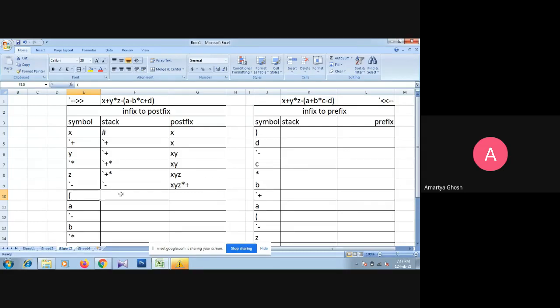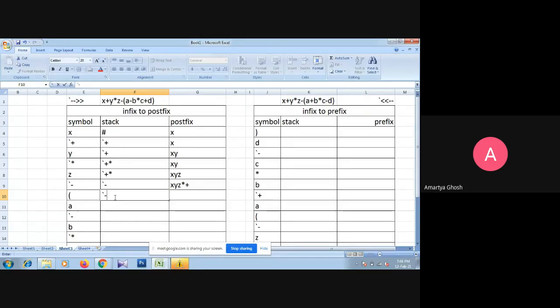Okay, so now when parentheses come, we can mention them in the stack, or you can ignore this, but you cannot ignore its presence. Okay, so we just mention it here, but we will not mention it in the post position or postfix.